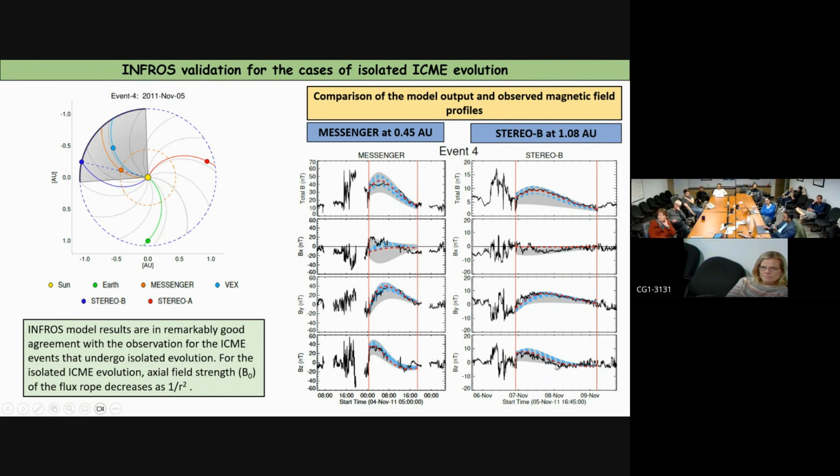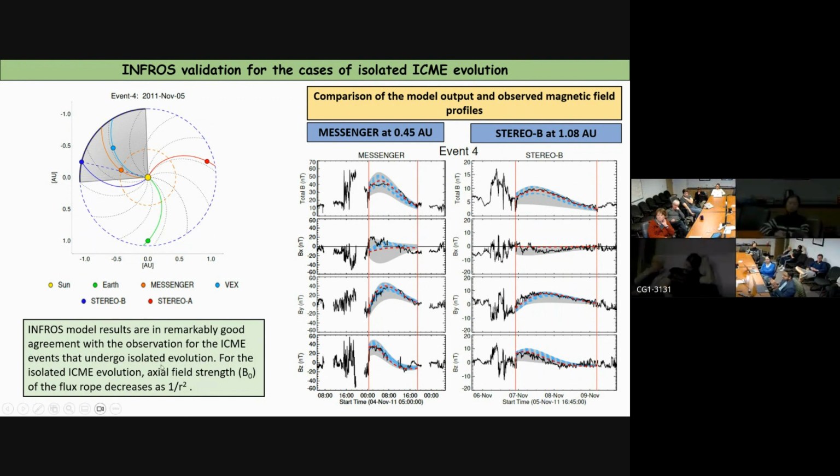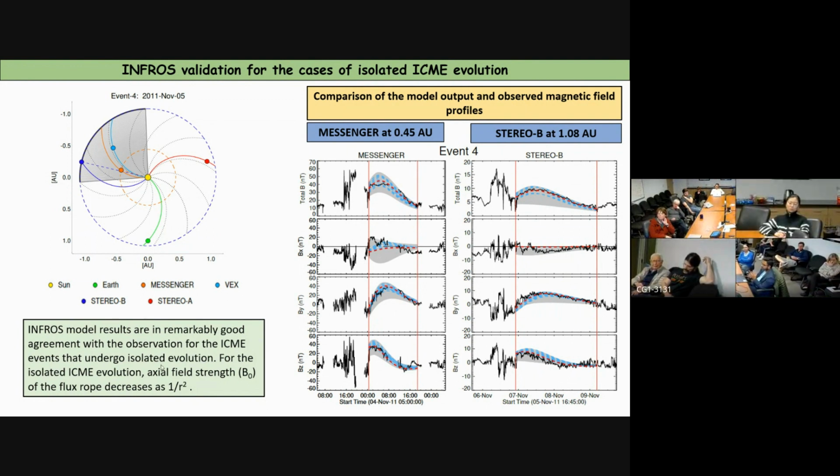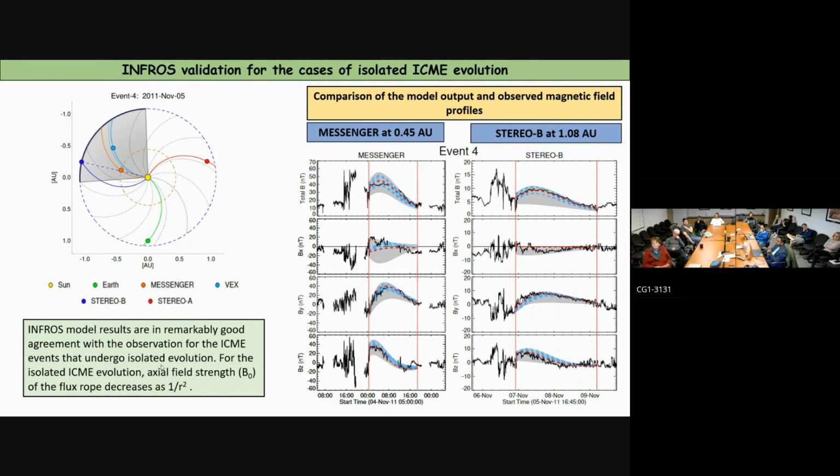The inherent assumption in this analytical model is that the magnetic field strength follows 1 by r square. So if the ICME evolution is isolated and not interacting with other solar wind structures, the magnetic field strength mostly varies with 1 by r square.